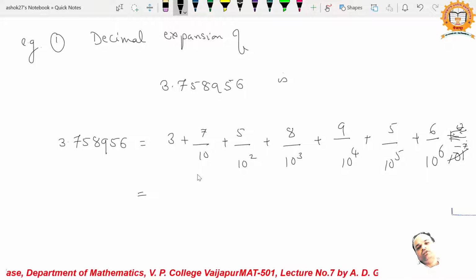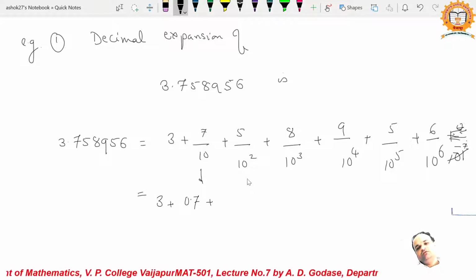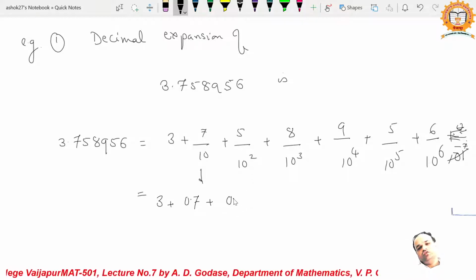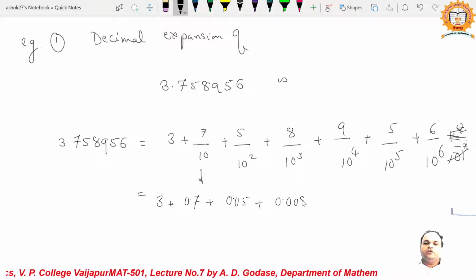So you can observe, if you write this, it will be 3 plus, what is 7 divided by 10? It is 0.7, plus, what is 5 divided by 10 square? It is 0.05, plus, what is 8 divided by 10 cube? It is 0.008, plus, what is 9 divided by 10 raised to 4?